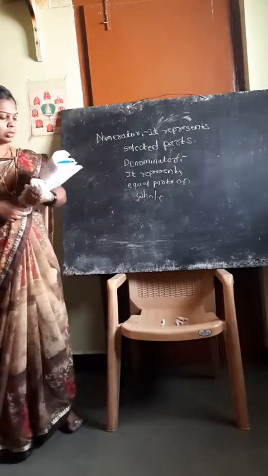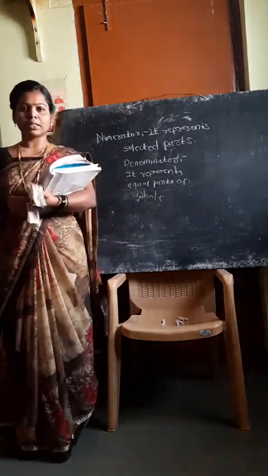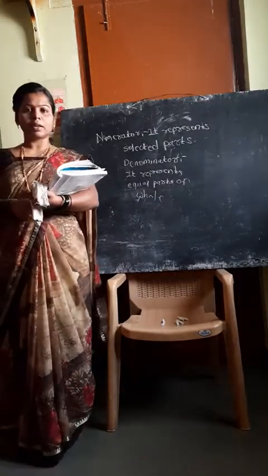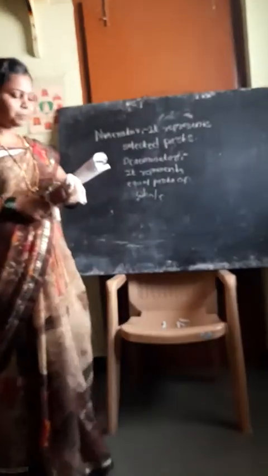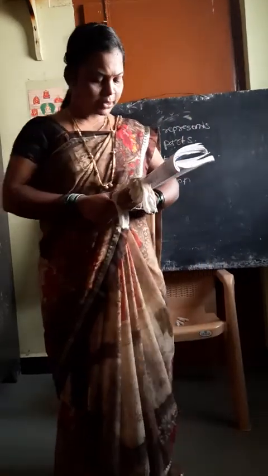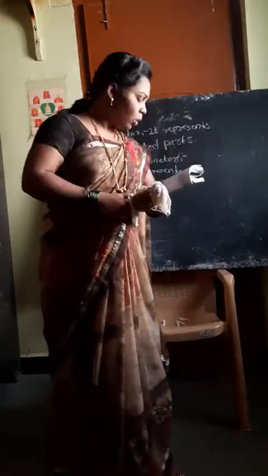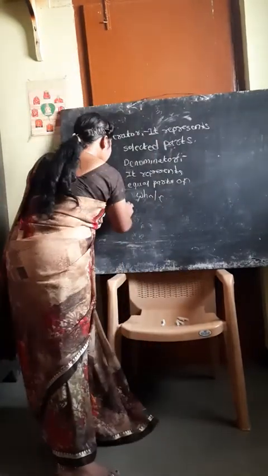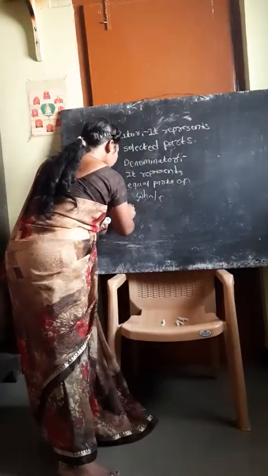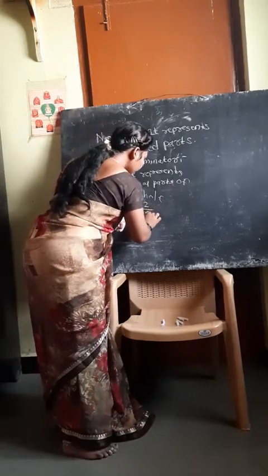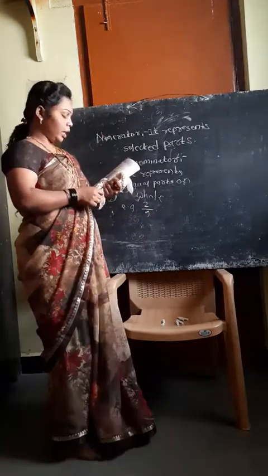Here there are two parts of a fraction. One part is the numerator. It represents the selected part, and the second part is the denominator. It represents equal parts of a whole. For example, take 2/9.